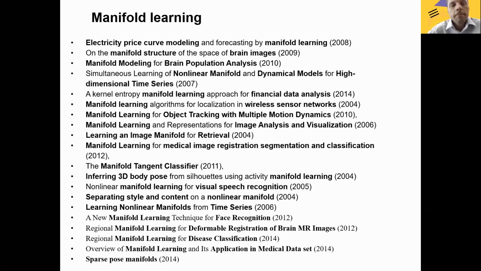Yeah, that's it. And actually, there are a lot of papers. These are just some, I would say, quite old papers. And nowadays, there are even more papers when people model manifolds using neural networks.